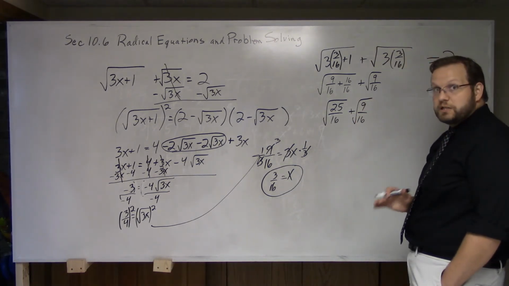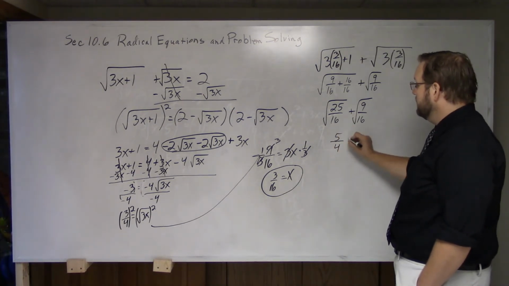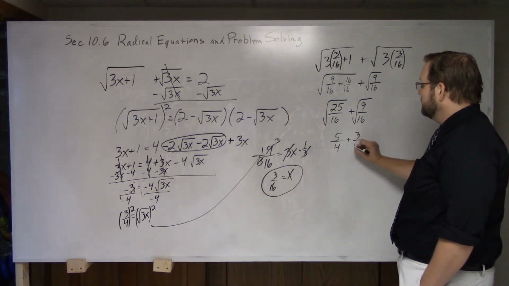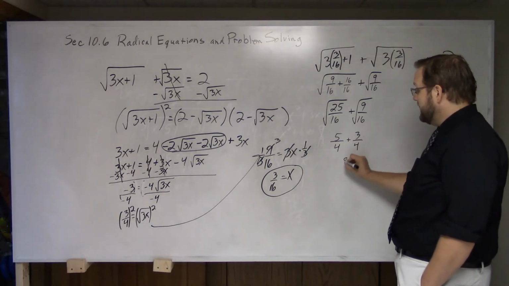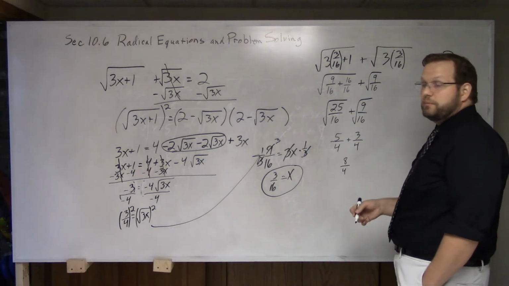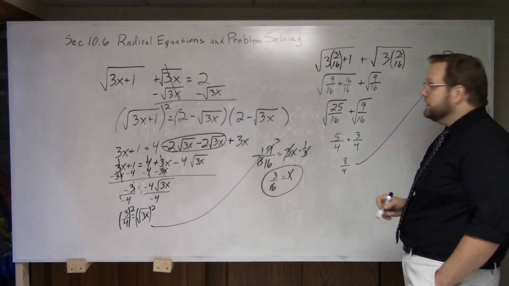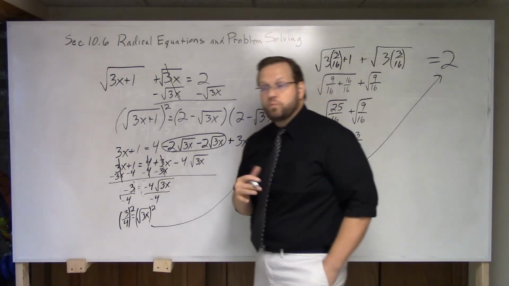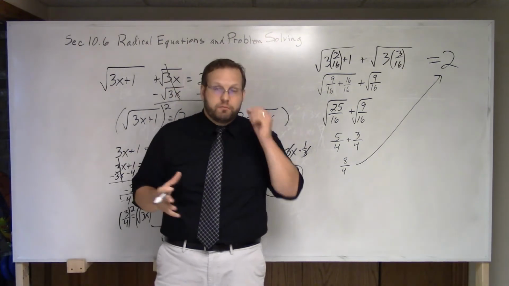And then very nice perfect squares. Square root of 25, square root of 16, square root of 9, square root of 16. 5 plus 3 is 8. 8 divided by 4, there's your 2. So this answer works. We're good to go.